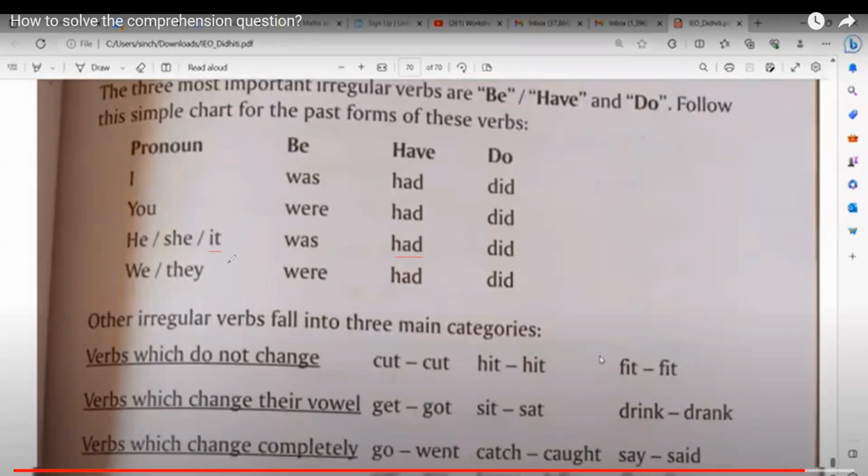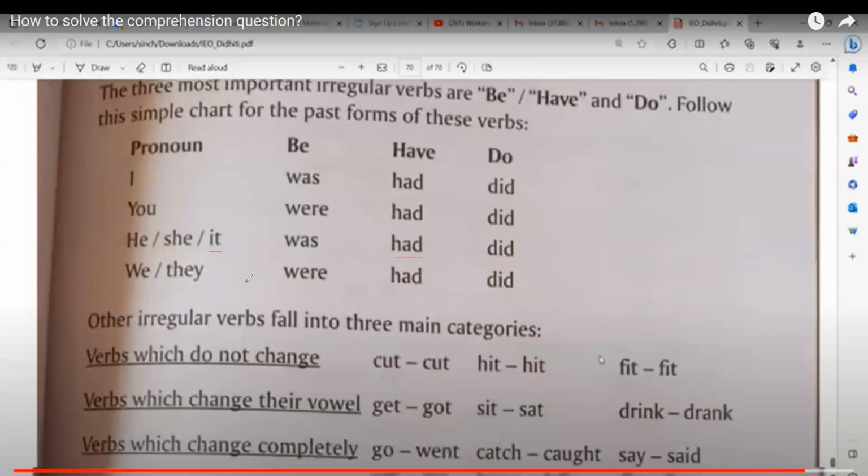Look here, I have marked it on the screen. He eat a waffle and had. Wait, I'm not asking with he or she. I'm asking with it, beta.